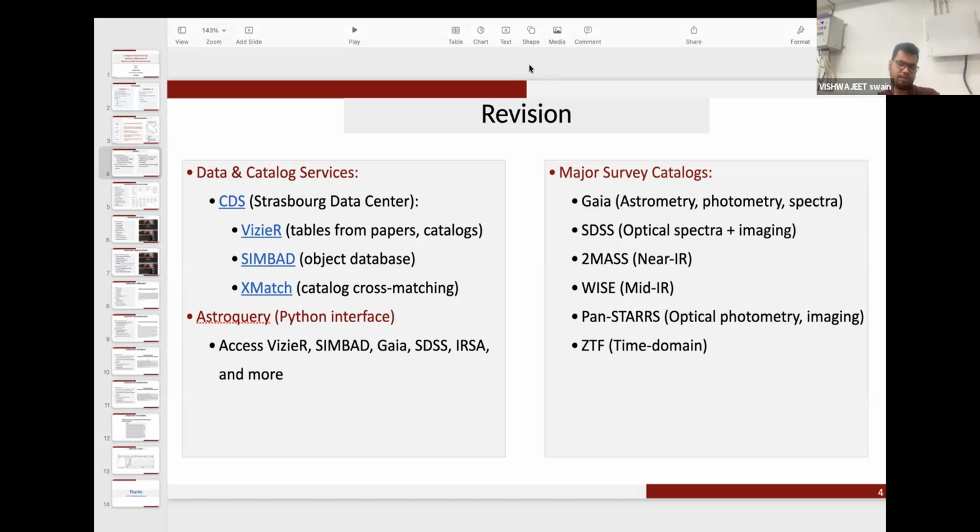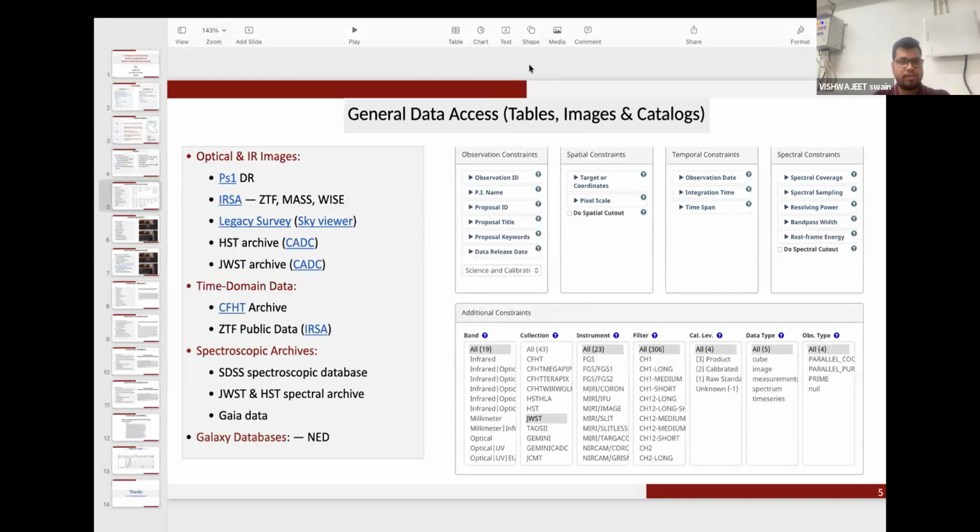Cone search means that we put in a particular RA-Dec and a radius around it, and then retrieve the table. From that table you can get all types of information and do the science. So yesterday we mostly covered getting the table. Today we will try to cover a few more things.